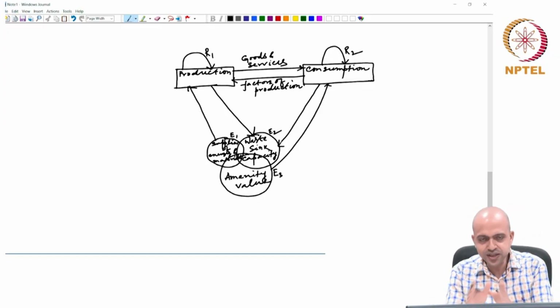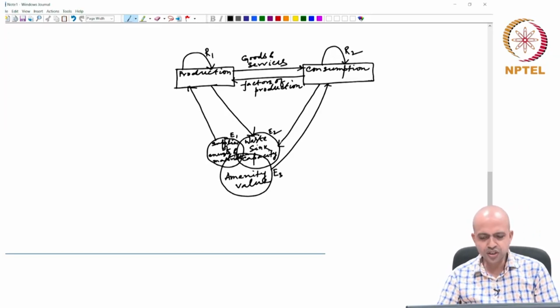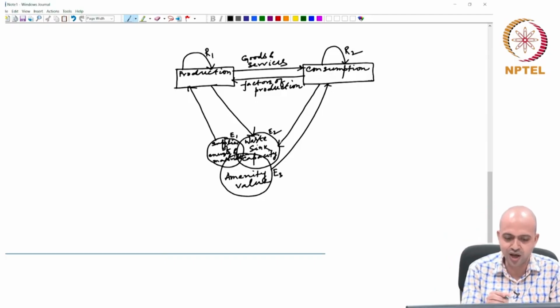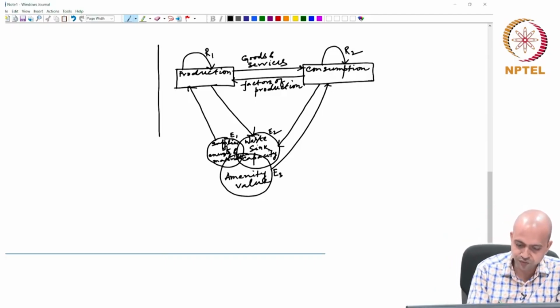And all these activities, production, consumption, E1, E2, E3, are encapsulated under a bigger umbrella which is called E4.